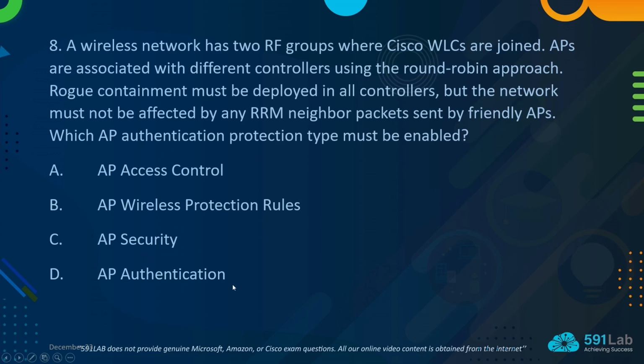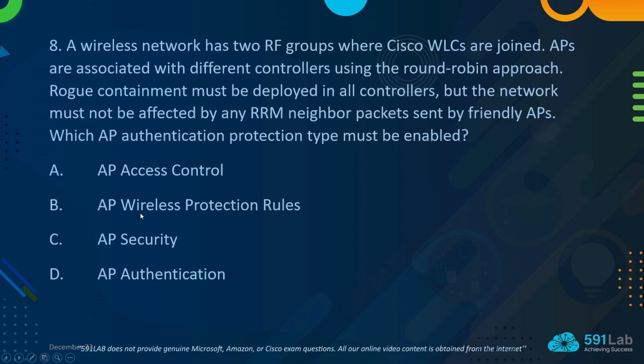The authentication is basically a way to authenticate the access points whenever they want to connect to our controllers. It could help if we want to prevent anyone from connecting their access points to our network, but in our question, we're talking about two RF groups and RRM, radio management or rogue containment.